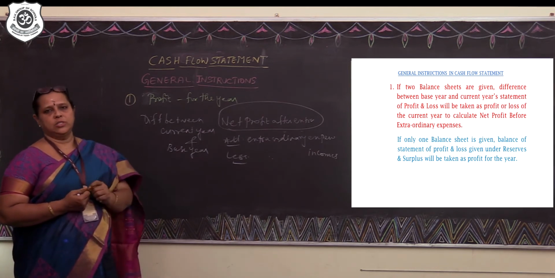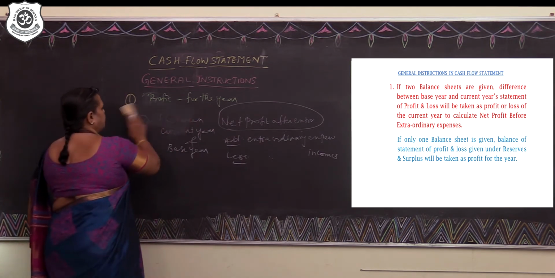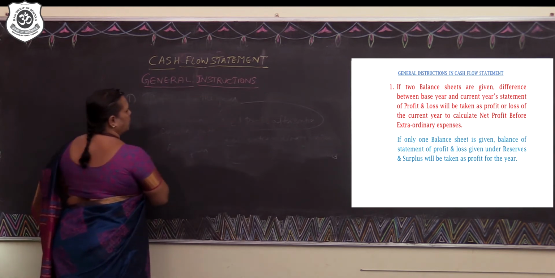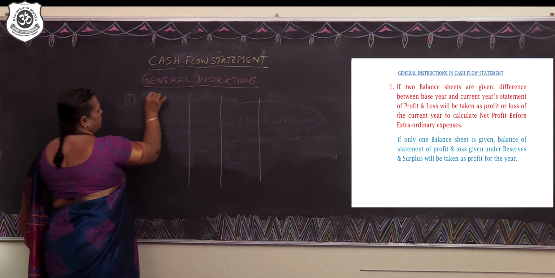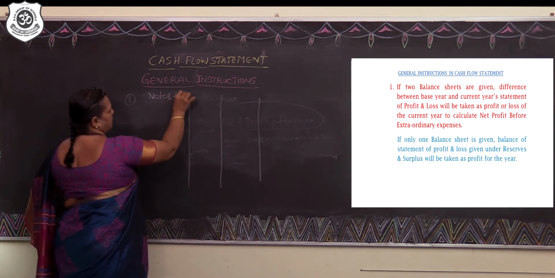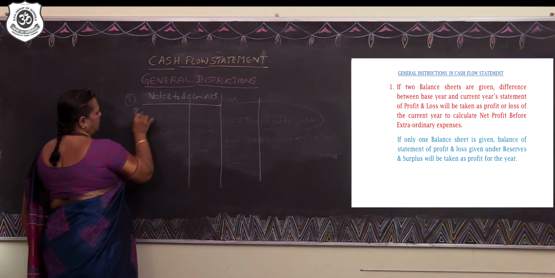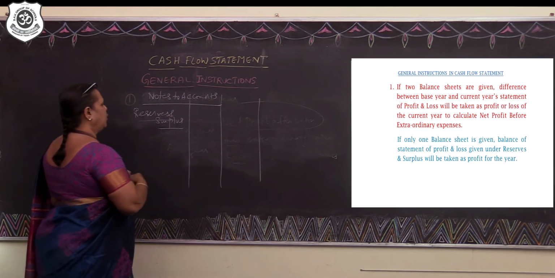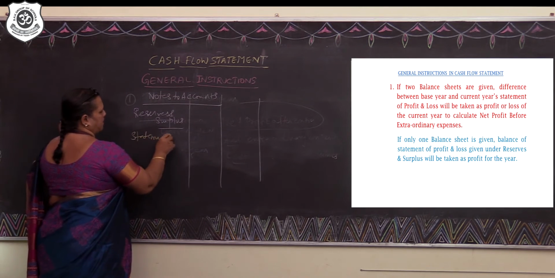Now, the next caution to be taken care of: you are given a financial statement, you are given the notes to accounts. In that, you have reserves and surplus. In that, you are given statement of profit and loss.